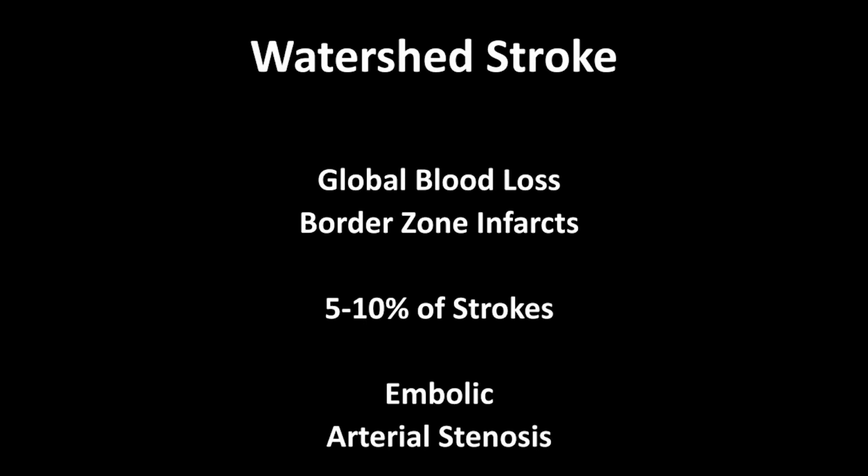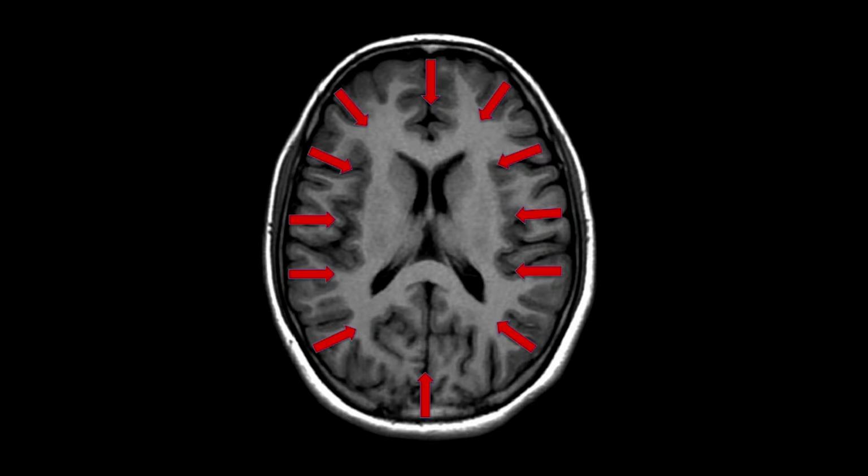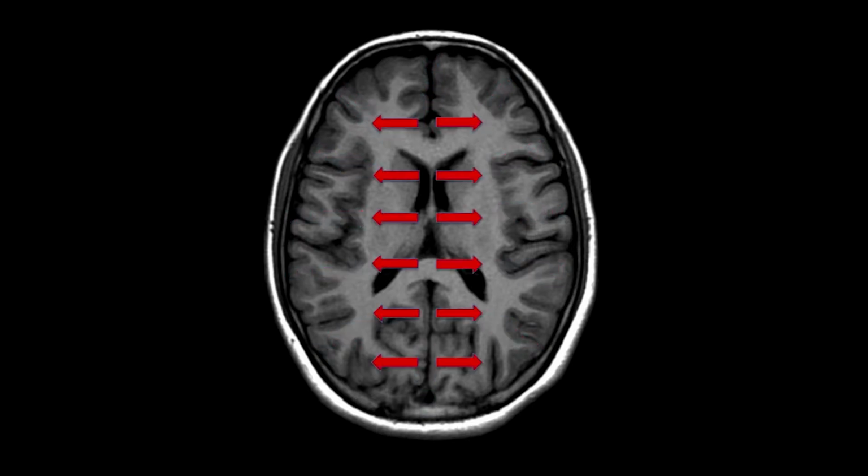If we look at this from an assessment standpoint and really dive into what's happening inside the brain, what you're going to see here is that the arterial system inside the brain is all about perfusing the brain from the outer hemispheres inside to the middle. And then obviously we have vessels that do just the opposite.